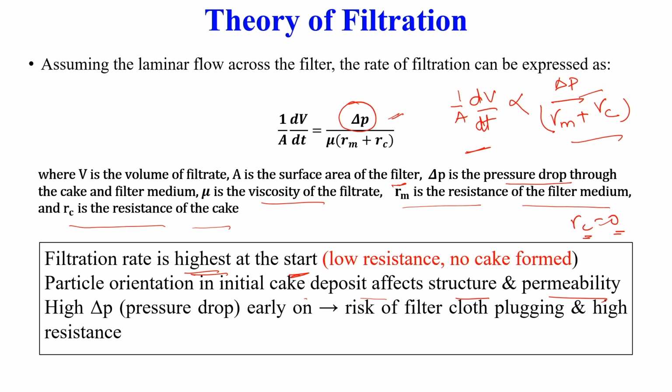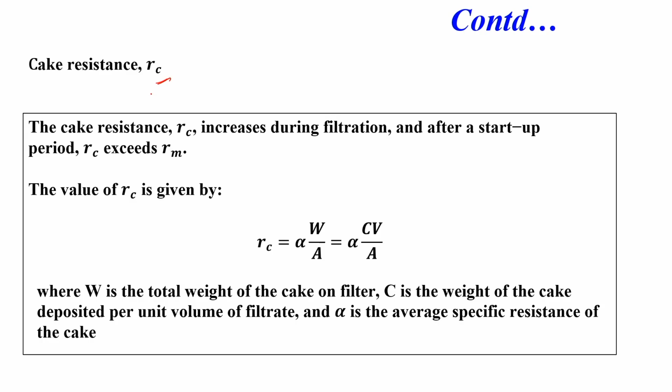So, one option is to further increase the driving force delta P. But if you increase delta P, there is a risk of filter cloth plugging, and the tearing can damage your filter cloth. Now, cake resistance, as you know, should be proportional to the weight of cake upon area, and this proportionality constant is known as alpha, the specific resistance of cake.